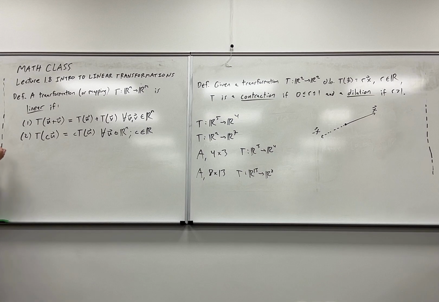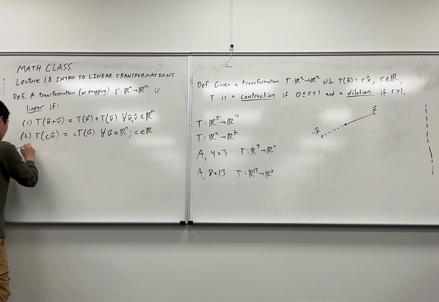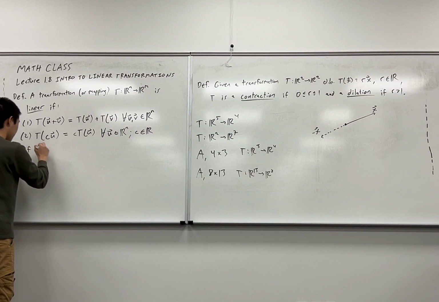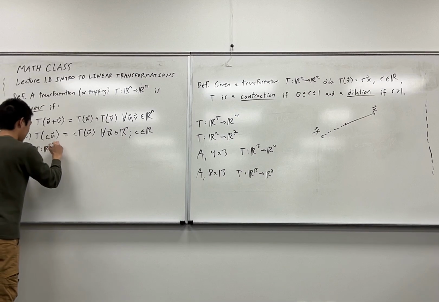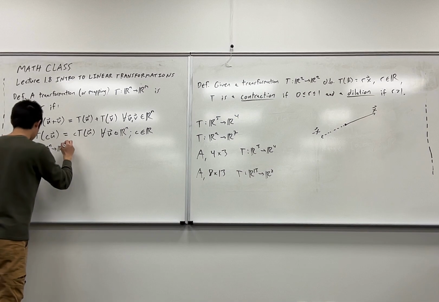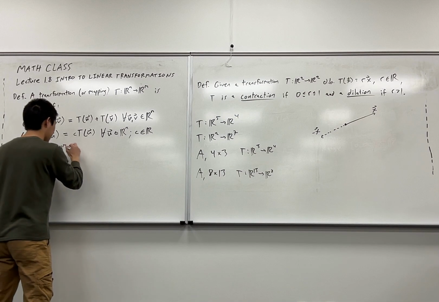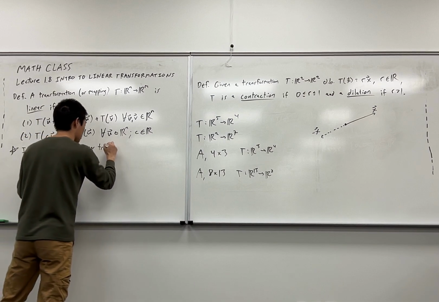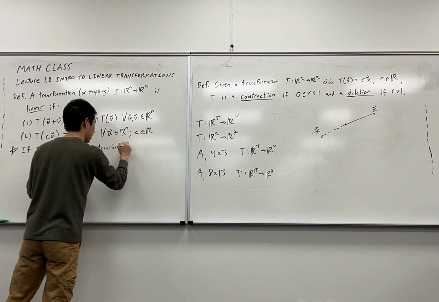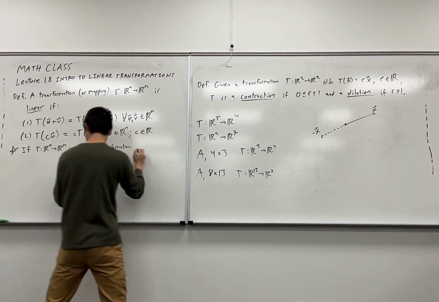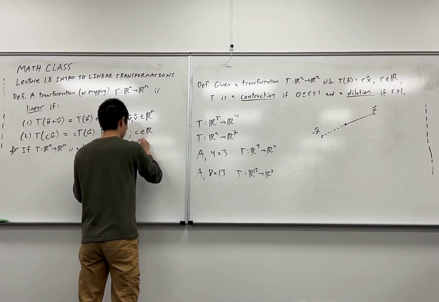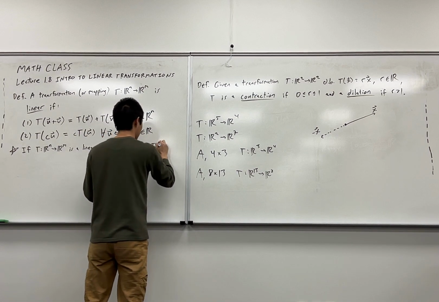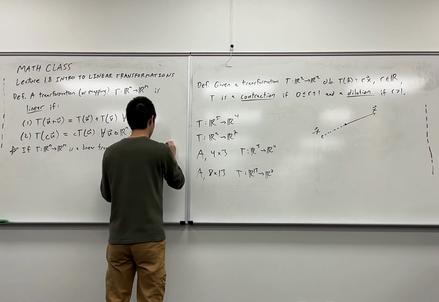So, immediately from these properties, we know that if T from Rn to Rm is a linear transformation, then no matter what I do, T of 0 vector is equal to 0 vector.